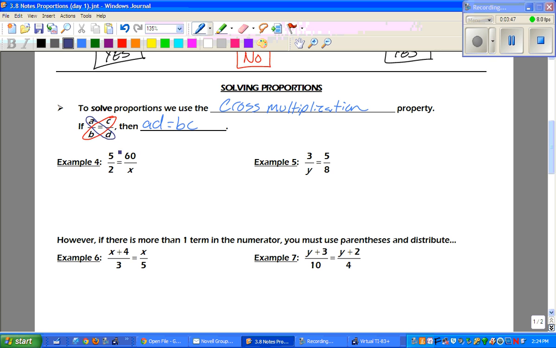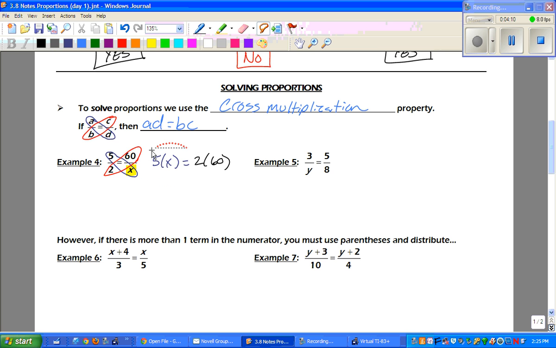So if we were doing example number 4, and we want to figure out what x is, you're going to do cross multiplication, which would be 5 times x equals 2 times 60.